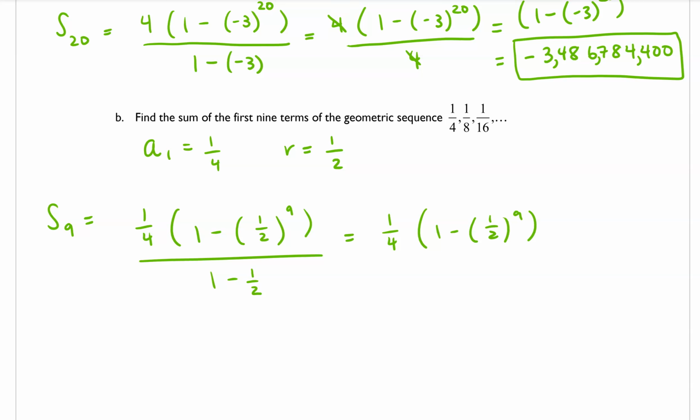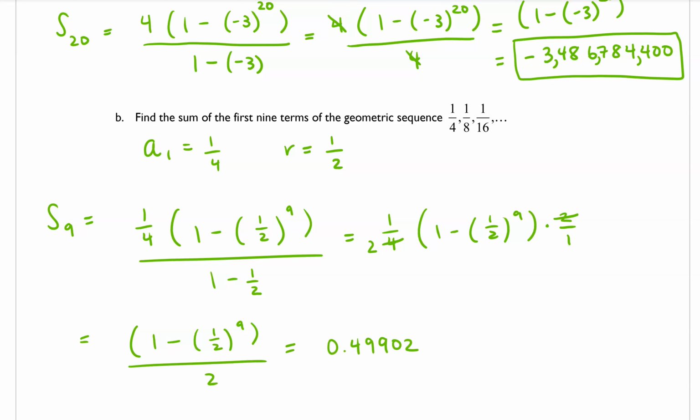And if I'm dividing by 1/2, that is the same thing as multiplying by the reciprocal. So I have that, and then I can simplify that part. If I divide both the numerator and denominator by 2, then I'll be left with 2 there. So I can rewrite that as 1 minus 1/2 to the 9th power divided by 2.